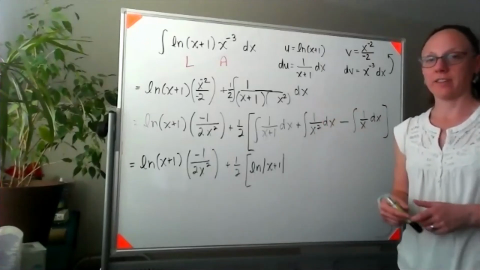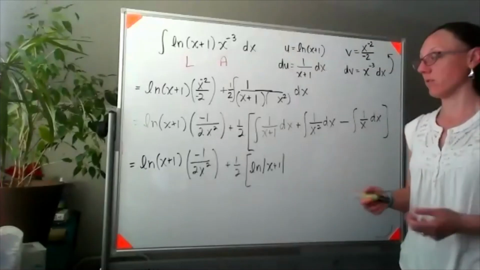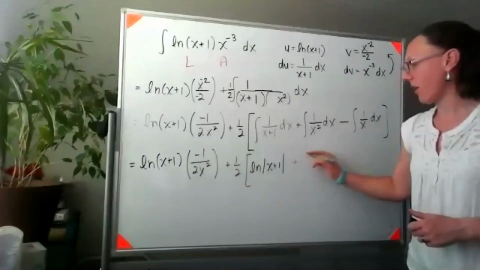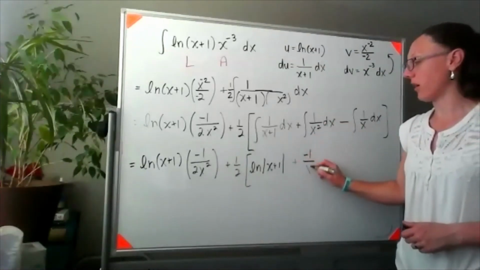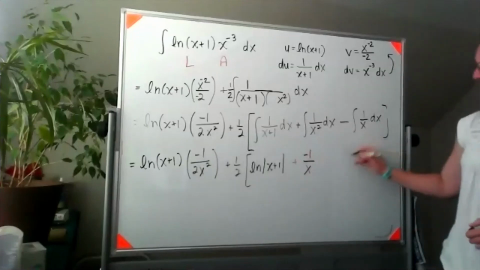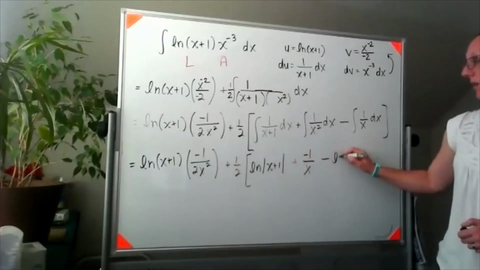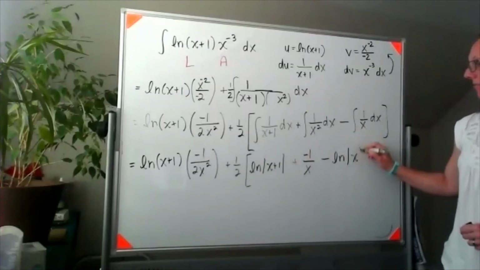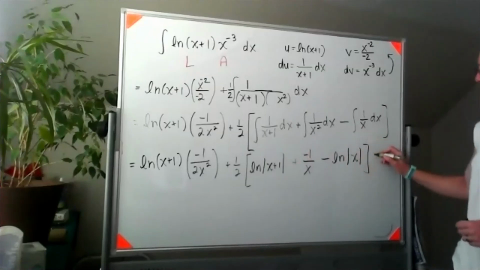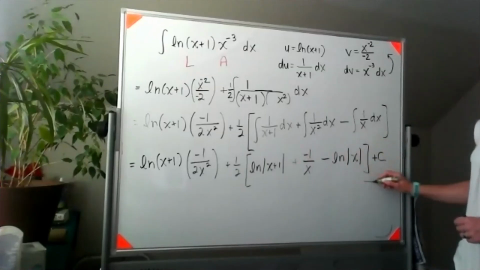So when we add 1 to that exponent, we get x to the -1. This is going to become -1 over x. Here, this is our straightforward log, so I'd have absolute value of x plus a constant.